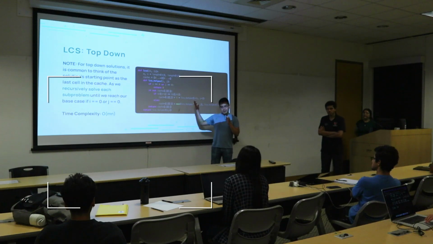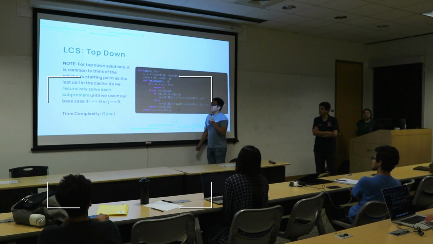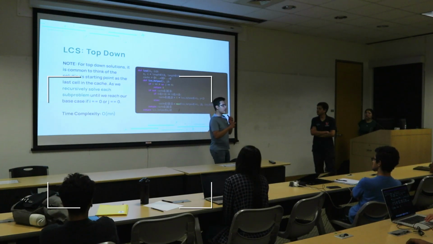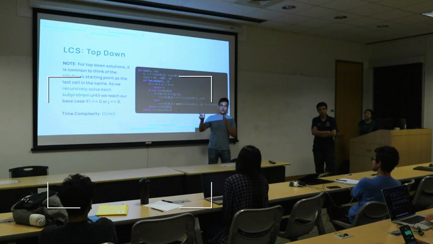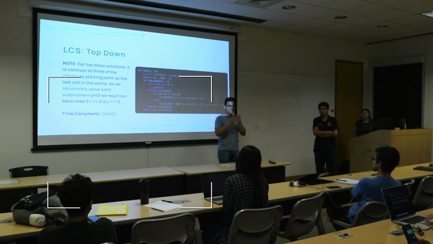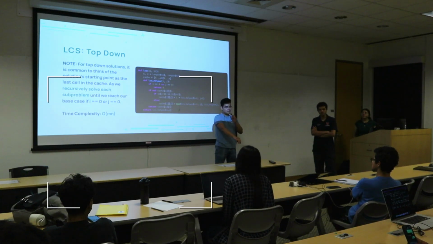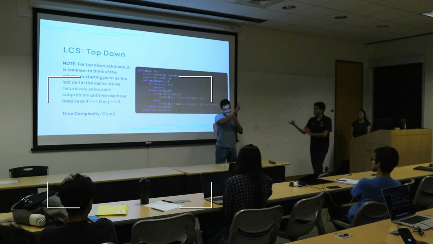That's what the problem stated, right? So that's why at the beginning, if you remember, we have m plus 1 times n plus 1. Because if you try to visualize the cache, it's going to be m plus 1 rows and n plus 1 columns, right? I did that visualization wrong, but yeah.